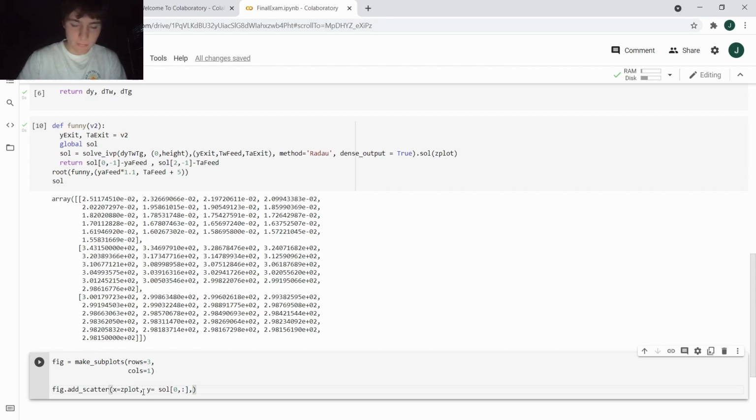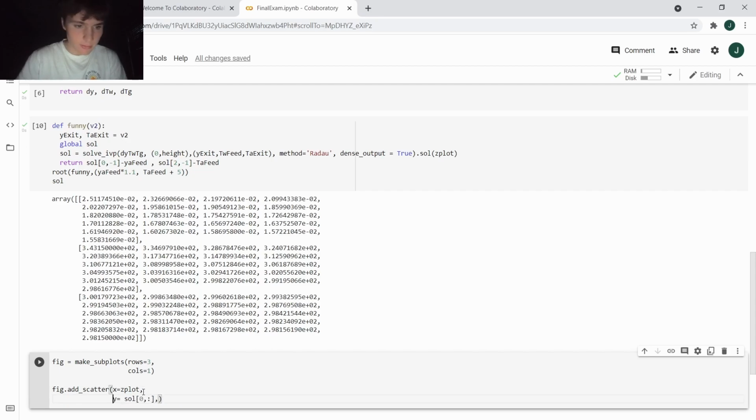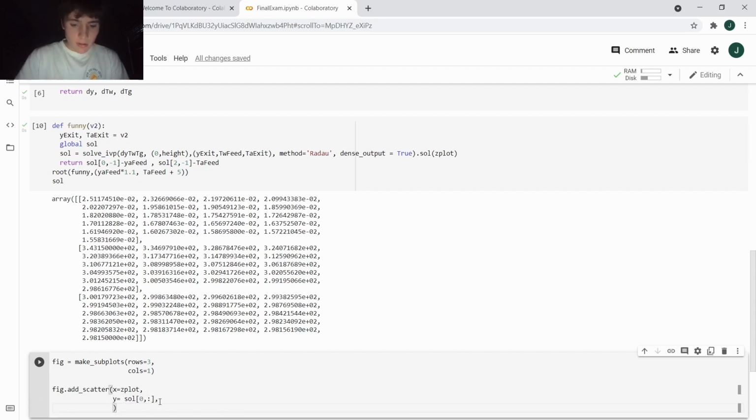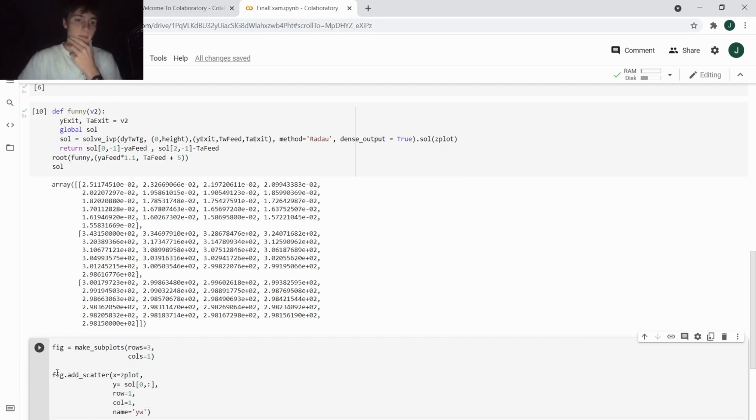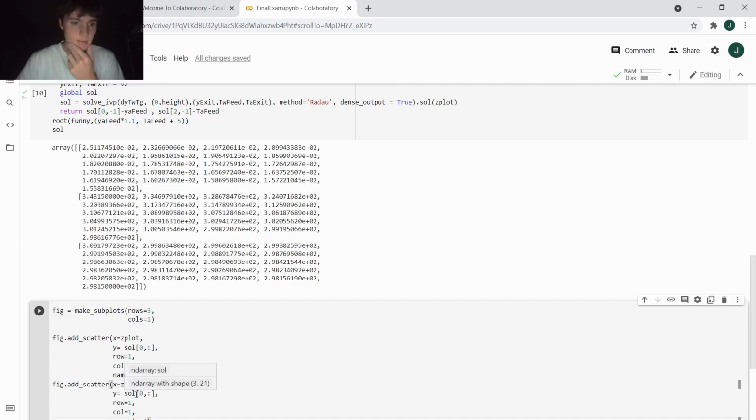Let's make this look neater real fast. We have to say which row that's in. It's going to be the first row, and the first column. And we'll even give this a name: mole fractions of the water. Now we just have to do the same thing with the temperature of the water and the temperature of the gas. Instead of the first array, it's the second one, and we'll graph this in the second row.